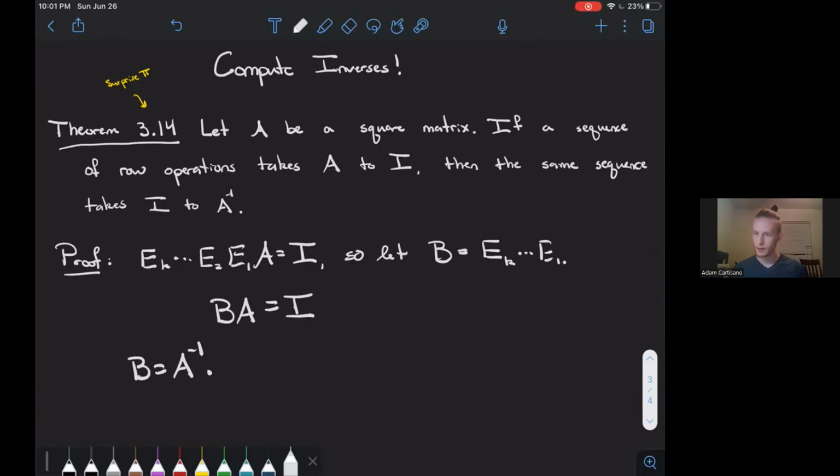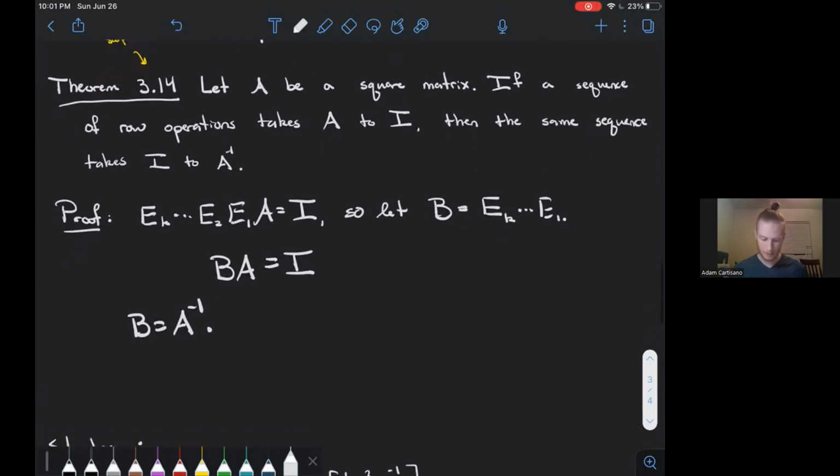Now the question is, what does that sequence of elementary matrices do to the identity? Well, actually, we almost already have it. If we do E_k all the way down to E1 times the identity, this is B times the identity, which is B, which is A inverse.